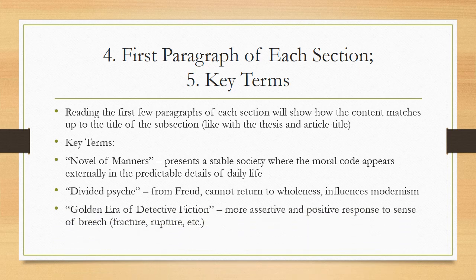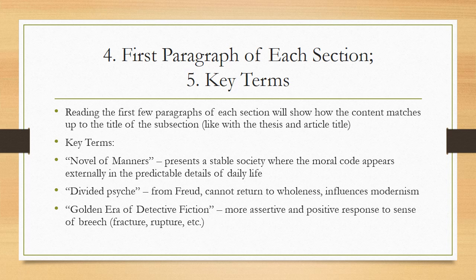Finally, golden era of detective fiction. This is the period. Detective fiction was incredibly popular in the 1920s through the 1950s, and people refer to that age as the golden era of detective fiction. But this is important too, because the author is arguing that the golden era of detective fiction is very similar to the novel of manners, and the very first detective stories by Edgar Allan Poe, the man who basically invented the modern detective, those stories were part of the novel of manners genre a century earlier.